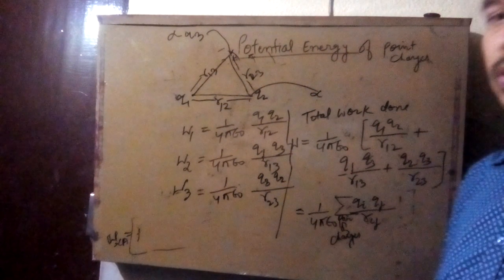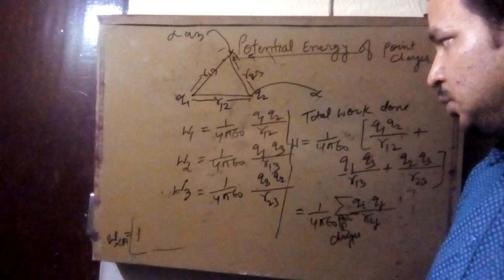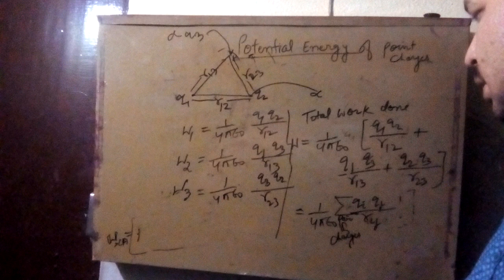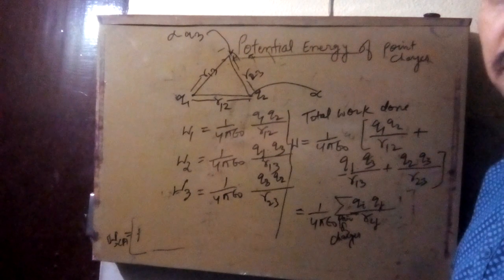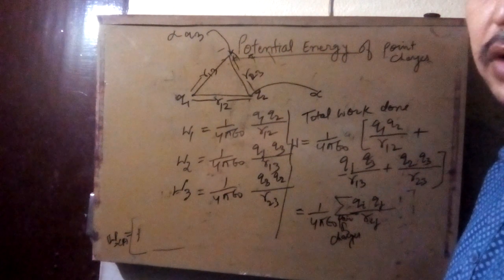Now in your book the same general formula is given in another way also, so you can note it down. I will write the general formula again here. Pause your screen and note it down.